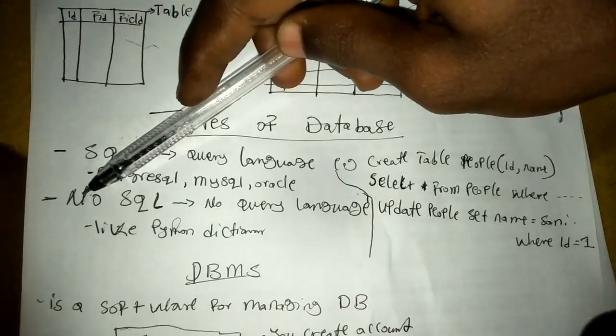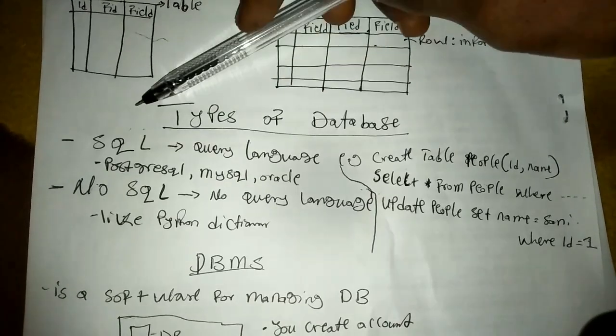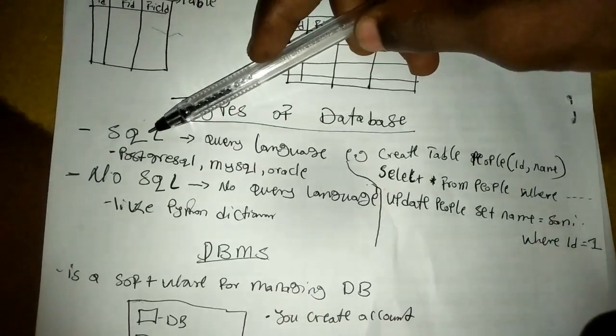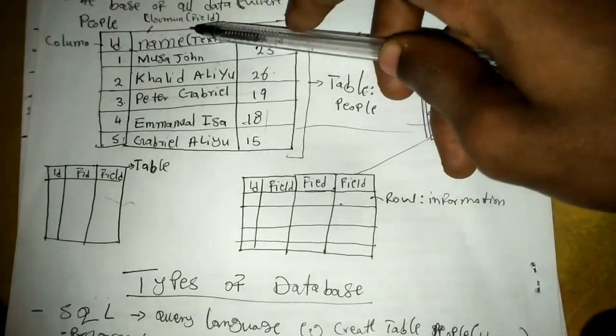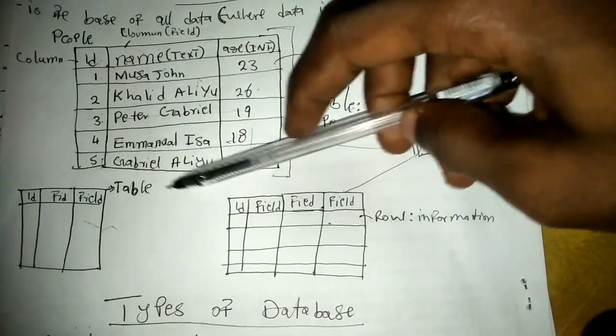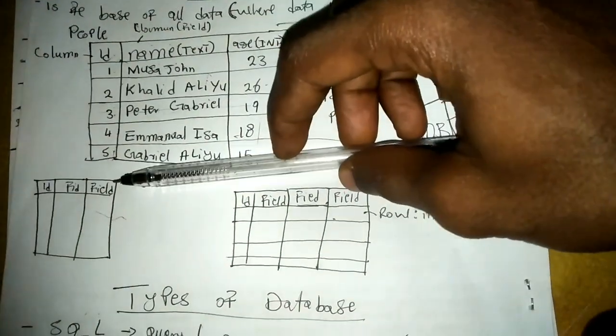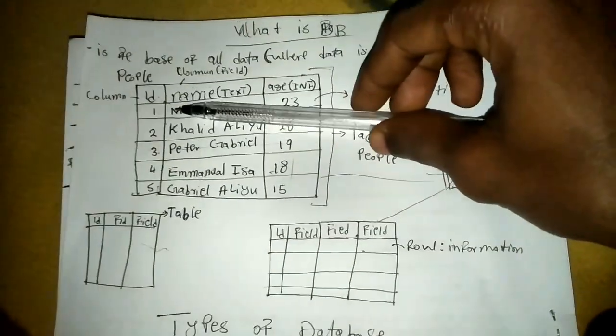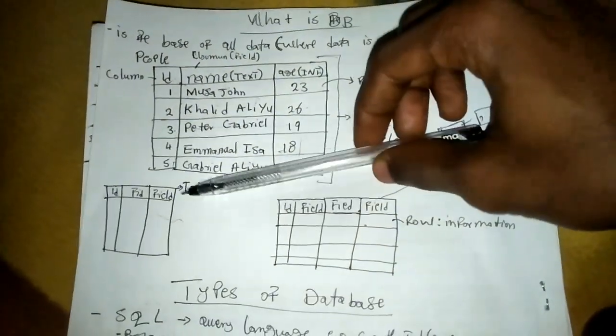NoSQL means no structured query language. Structured query language means your data is being structured. So if you look at this one, we can call it SQL exactly because the data is structured in a table like this. So these are the types of SQL database.